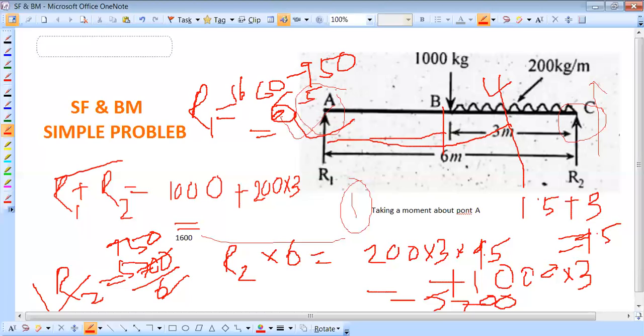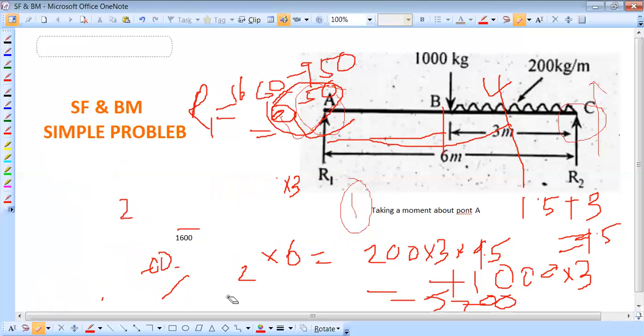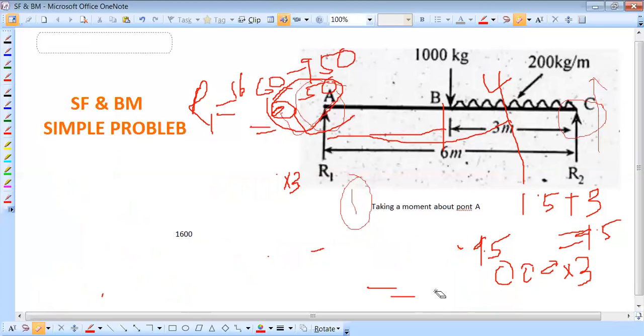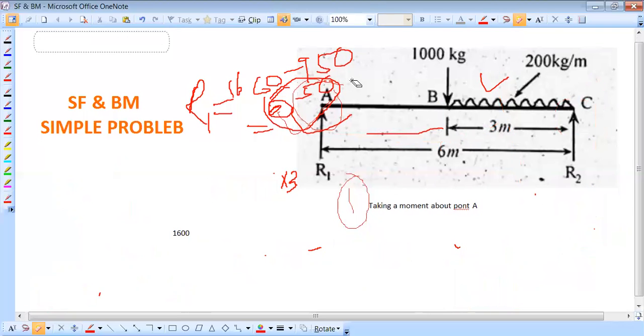So we can easily find out R1 and R2. I think you understand how to find R1 and R2. After finding R1 and R2, we find the value of SF and BM, then draw the SF and BM diagrams.